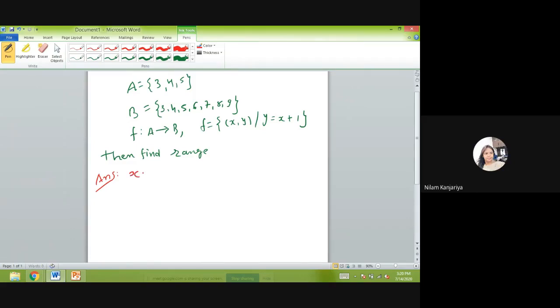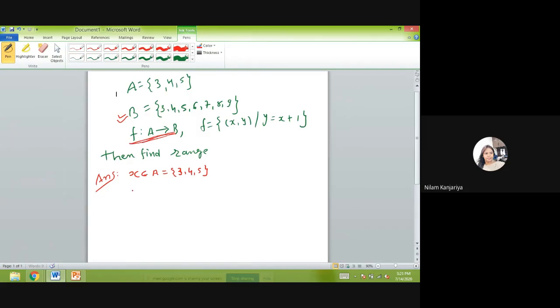We always take the value of x from the domain, and the domain is 3, 4, and 5. Create the range, and the range always is in B. If the range is not in B, it is not a function. But here they told us it is a function, so all the conditions will be satisfied.